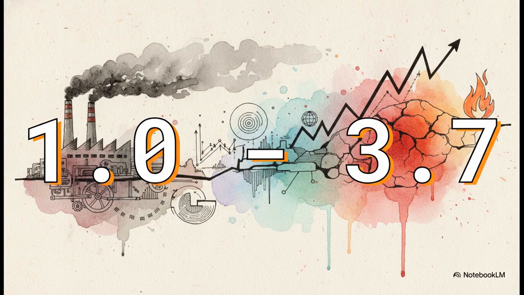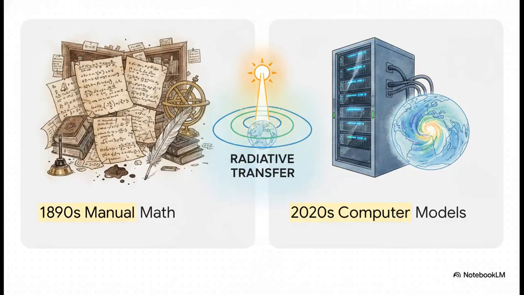But compare that to this stark, modern projection from Earth system models for the 21st century. We're looking at a projected increase between 1.0 and 3.7 degrees Celsius by the end of this century, depending on our emissions. This visually drives home the immense acceleration of the warming trend that started way back in the coal-burning days of Arrhenius.